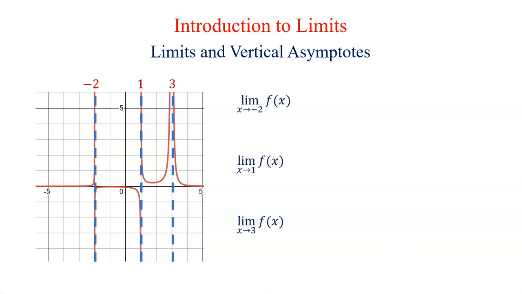So when we consider the limit of f of x as it approaches -2, we have to consider coming from both the left and the right. Well, there's a special way to illustrate coming from the left and coming from the right.